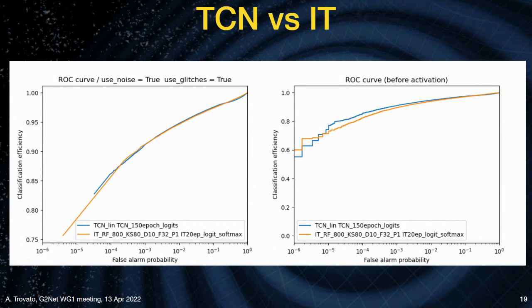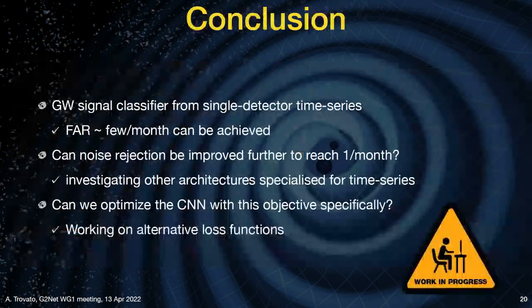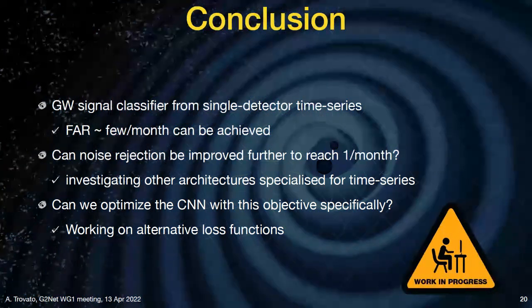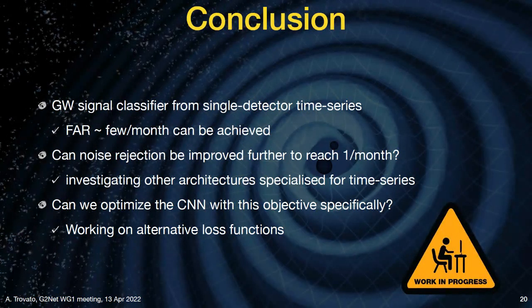This is before it, but in any case, it's more or less the same. So it seems that it works, and we are basically at the limit of the statistic that we are getting now, and we have tried to use a special architecture specialized for time series, and it seems to work.